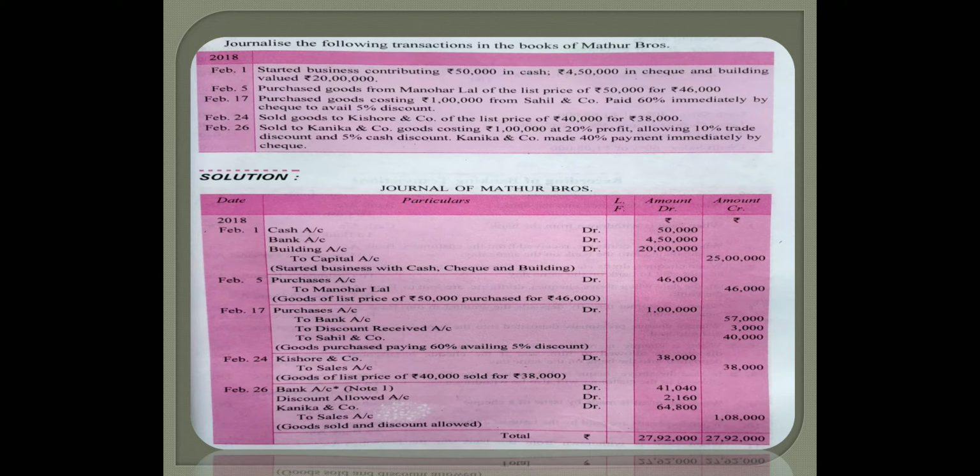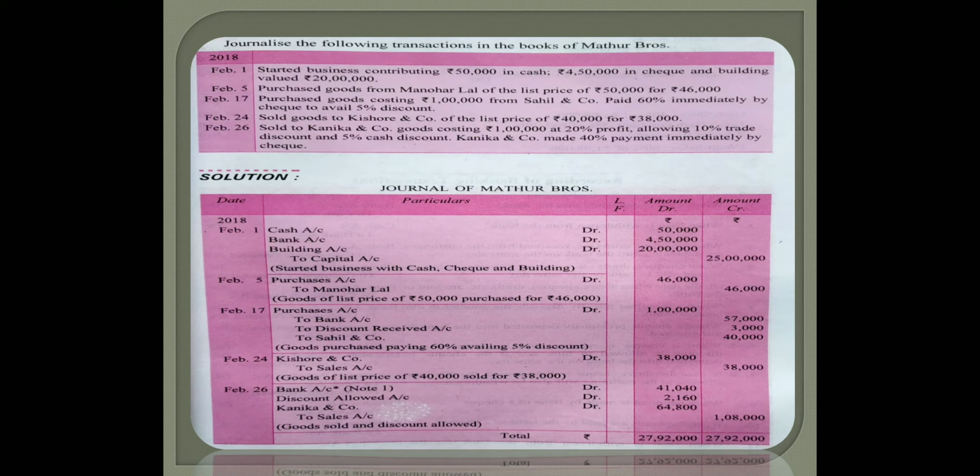60,000 rupees and 5% cash discount. So we will calculate 60,000 into 5 upon 100. The amount will come 3,000 rupees. So we will write here discount 3,000 rupees and it will be deducted from 60,000 rupees.